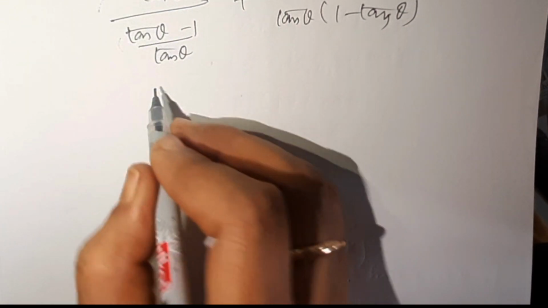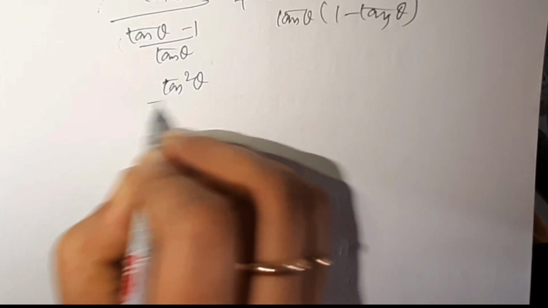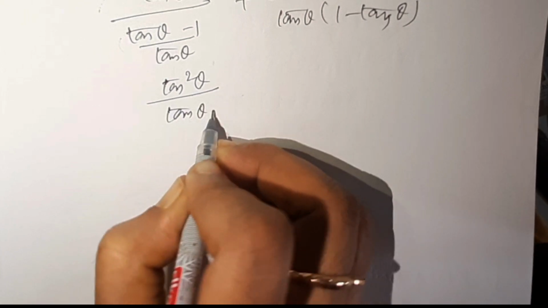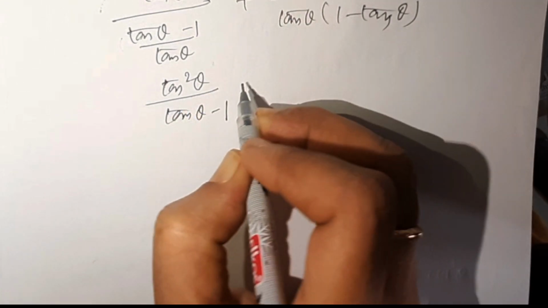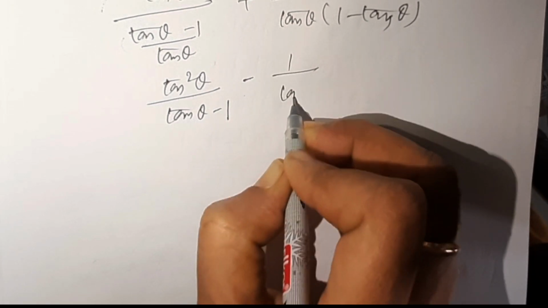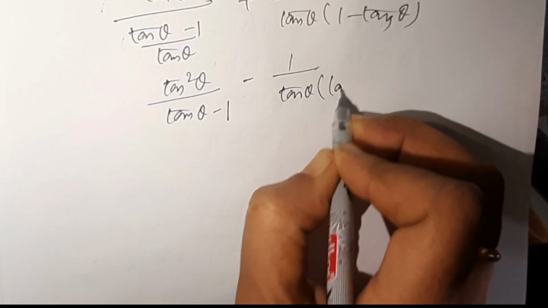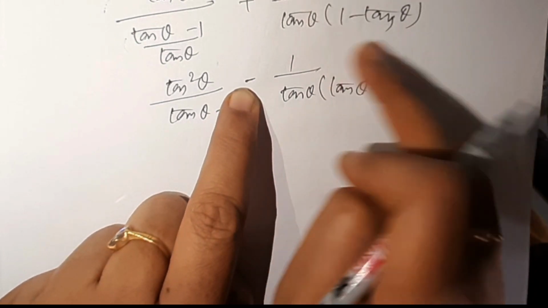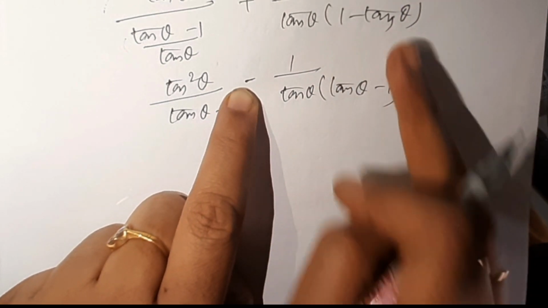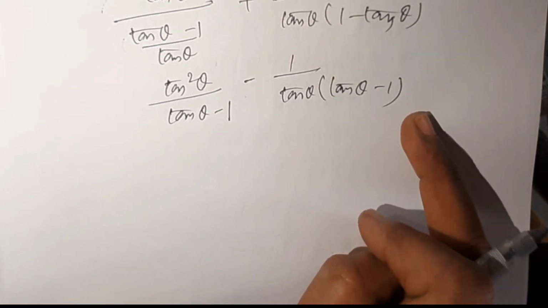Now shifting this tan theta to the numerator, it is tan square theta upon tan theta minus 1. Taking minus common from this unit, this plus sign will change to minus, tan theta minus 1. As I have taken minus common, this got reversed. So this 1 minus tan theta will change as tan theta minus 1.